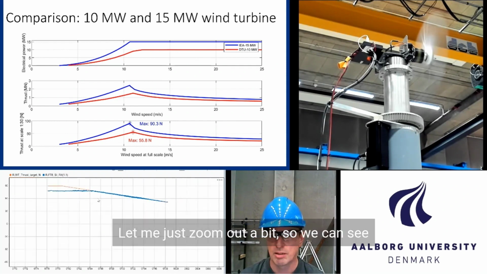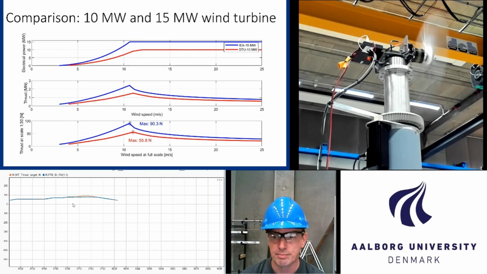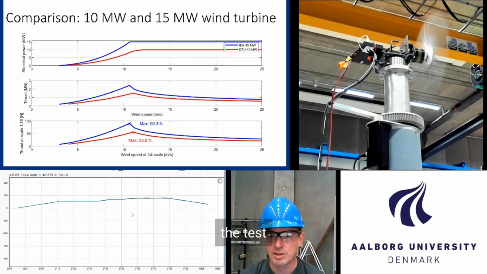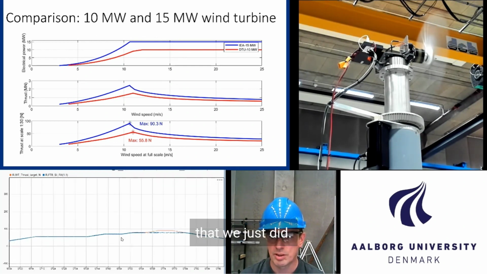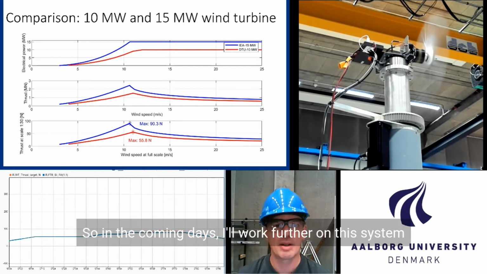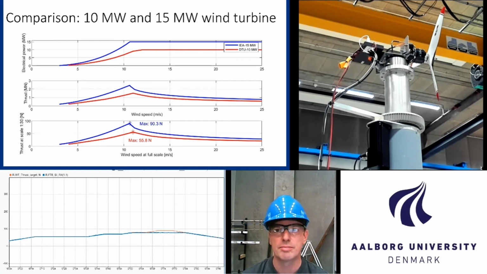Let me zoom a little bit out on this curve so you can see the test that we just did. So in the coming days I'll work further on this system in order to test it at even higher thrust.